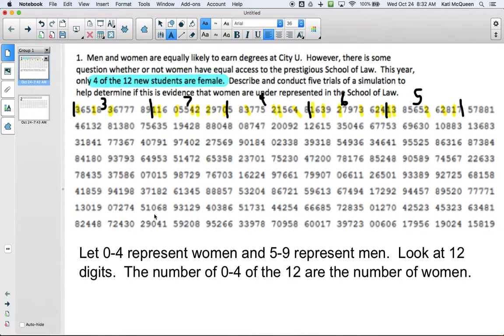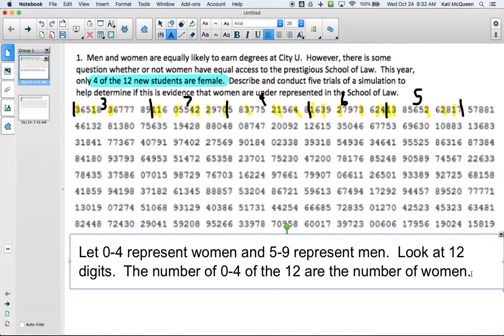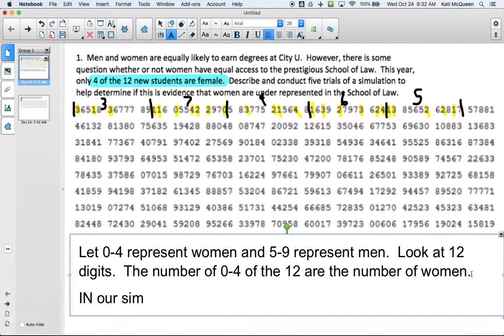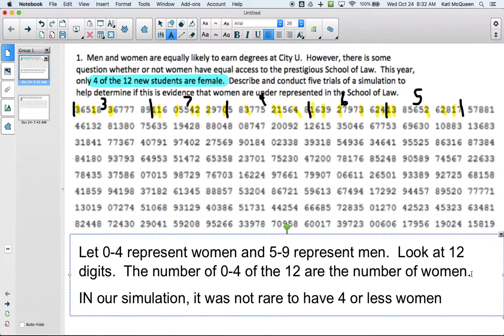So I'm going to say in our simulation, it was not rare to have 4 or less women out of 12.